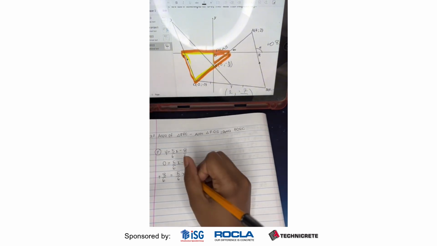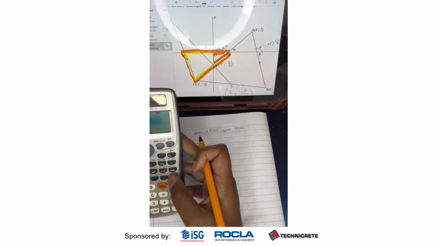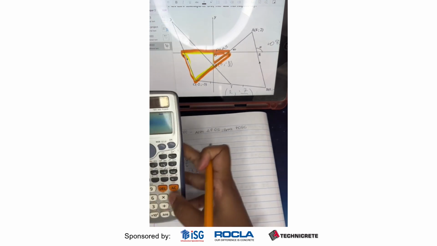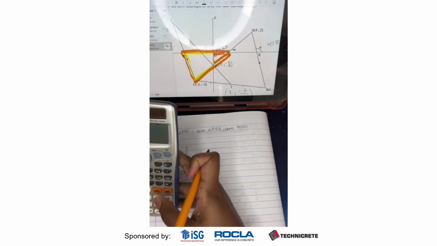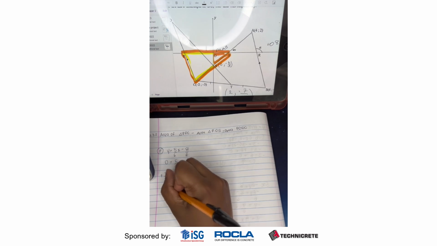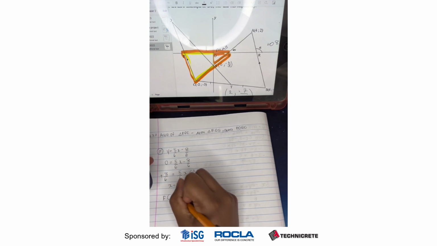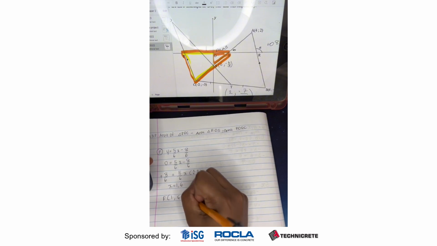So we're going to divide both sides by 5 over 6. So 8 over 6 divided by 5 over 6 is going to give me 1.6. So x is equal to 1.6. So my coordinates for F is (1.6, 0).